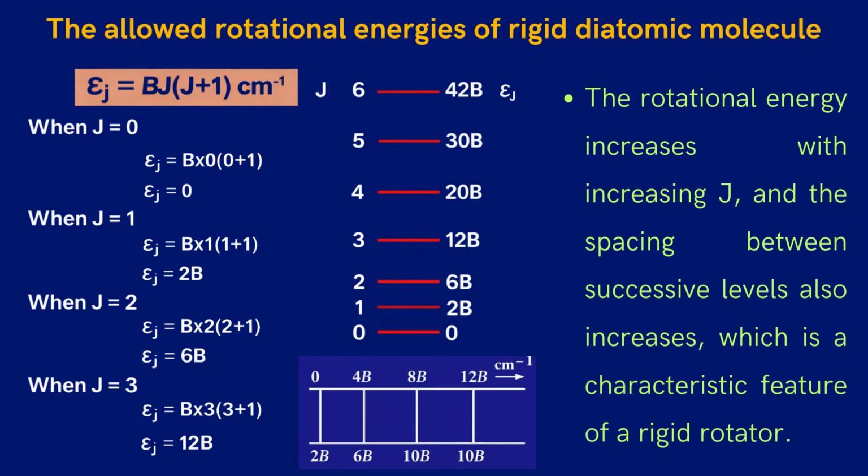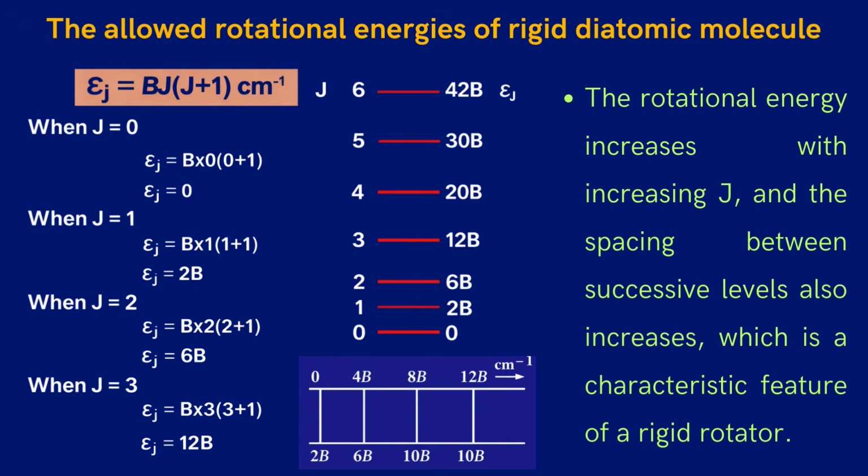Here we can determine the allowed rotational energy levels of a rigid diatomic molecule using the selection rule. As we know, epsilon J equals BJ into J plus 1. Putting the values of J equal to 0, 1, 2, 3, and so on, the calculated epsilon J values will be 0, 2B, 6B, 12B, and similarly 20B, 30B and 42B are obtained.